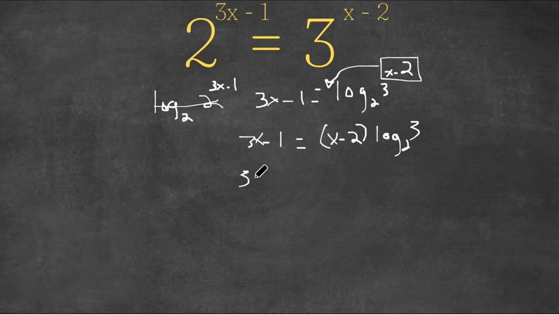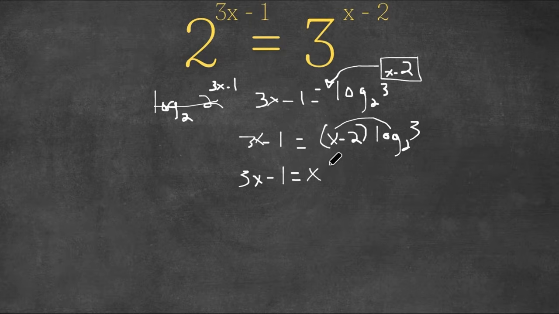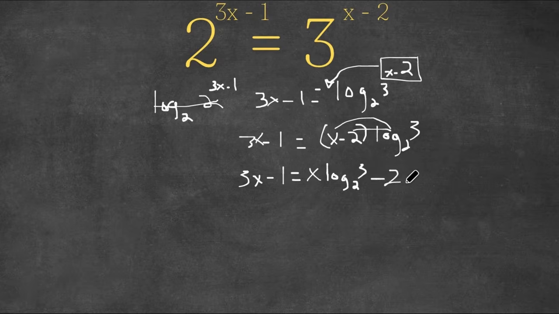So this is 3x minus 1 equals, well, x times log subscript 2 of 3 is simply x log subscript 2 of 3 minus 2 times log subscript 2 of 3 is simply this.